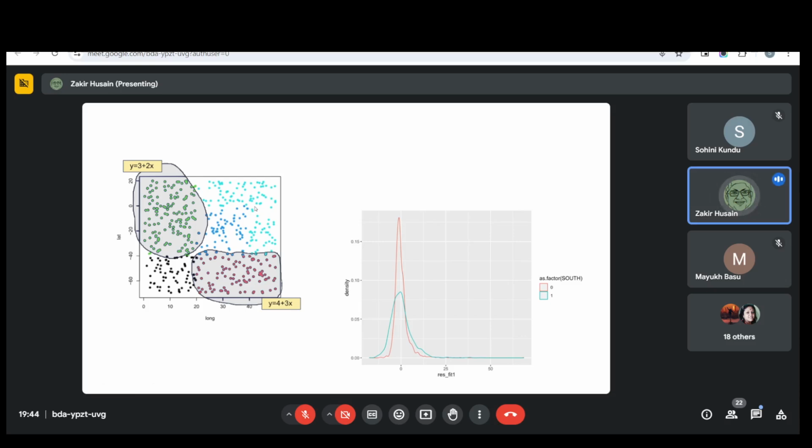And if you plot the kernel distribution, you can see that north has a much higher mean than south has. The variance also is different. North has a higher mean, but the variation is much less. South, on the other hand, has a lower mean, but it has a higher variance.